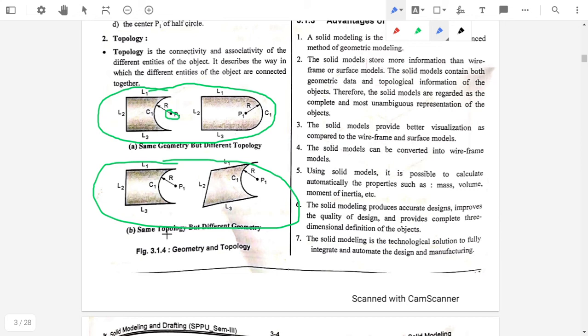The angles between all the entities, that is L1, L2, L3 and C1, are different, but the orientation of the circle C1 is the same. That's why we can call it different geometry but same topology. So this is the meaning of topology and geometry. Okay.